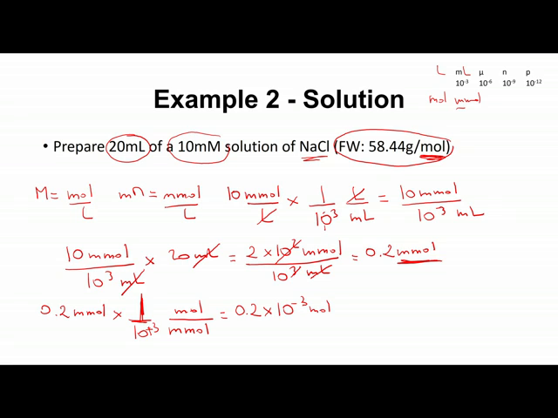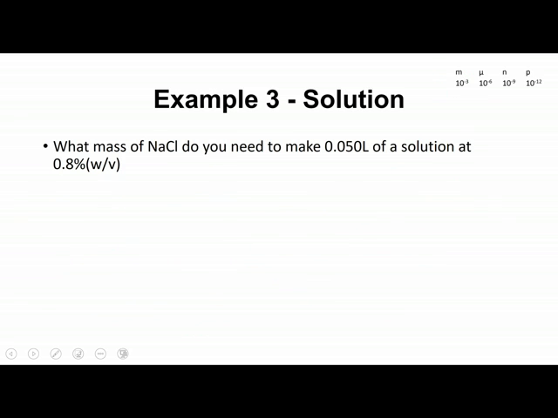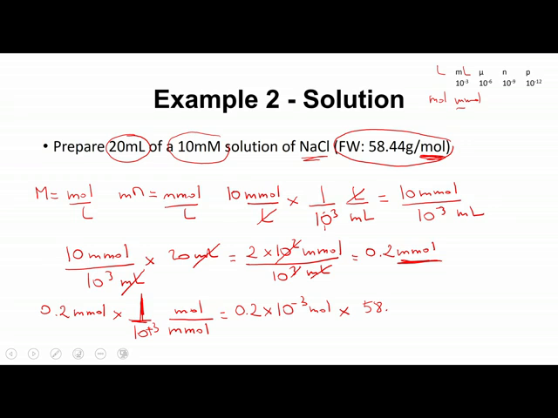Great. Now that's what you need to measure, and that can be converted into grams by multiplying by the formula weight, another conversion factor, which in this case is given to you, which tells you what is the mass of 1 mole of sodium chloride, which is 58.44 grams per mole.